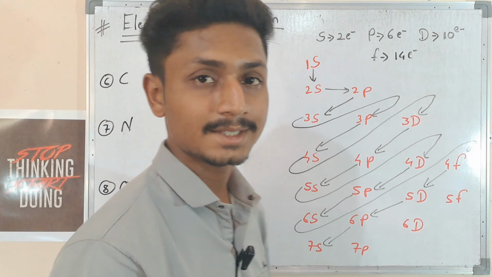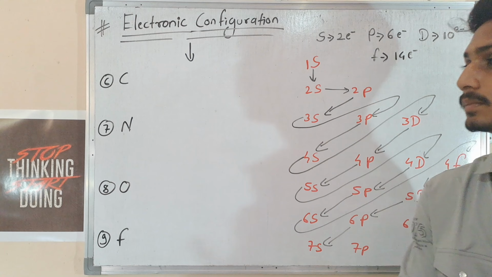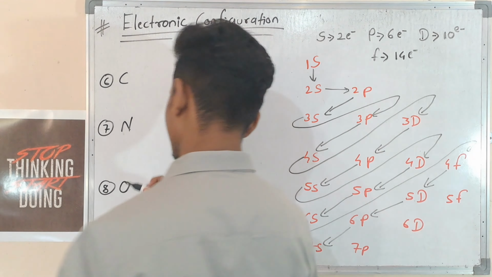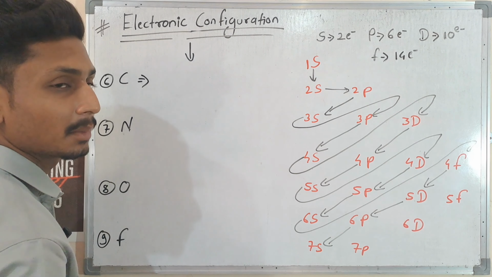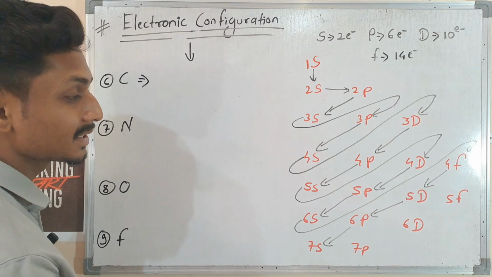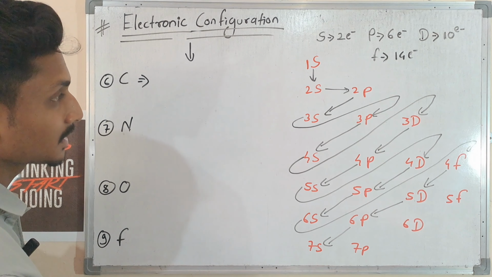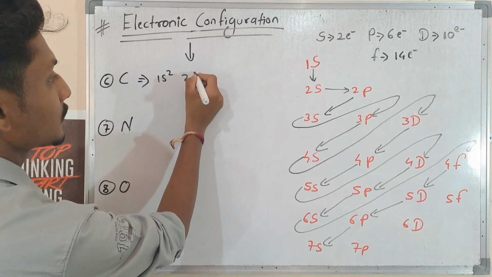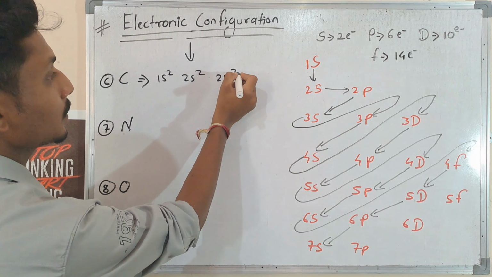You have to solve this. Carbon's atomic number is 6, so we fill 6 electrons in these orbitals: 1s2, 2s2, 2p2.